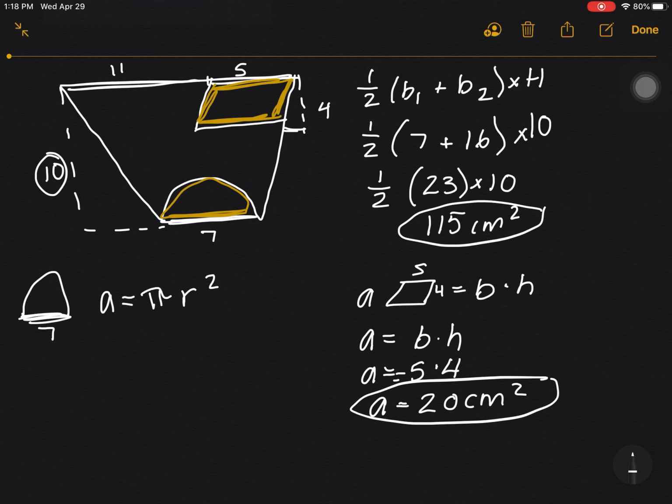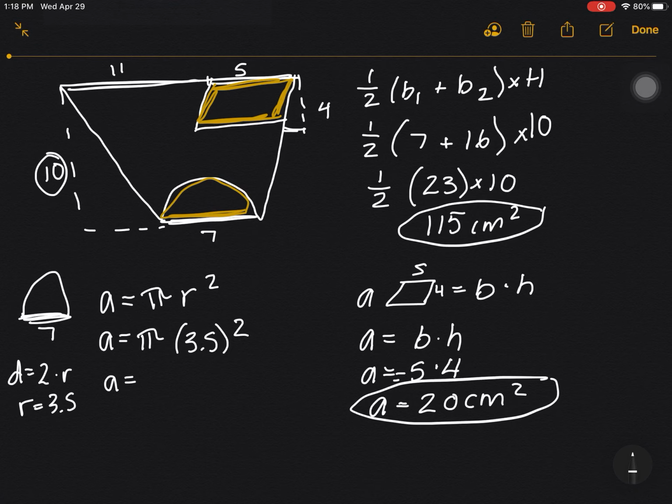We aren't given the radius, we're given the diameter, but we do know that the diameter is 2 times the radius. So if our diameter is 7, our radius is going to be half that, or 3.5. That's the number we're going to use here. Area equals pi times our radius, 3.5 squared.